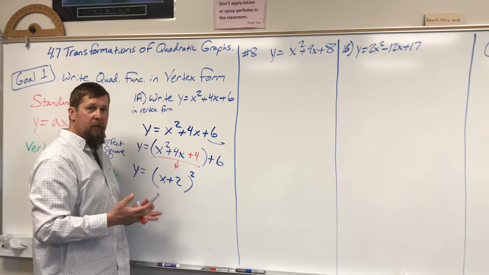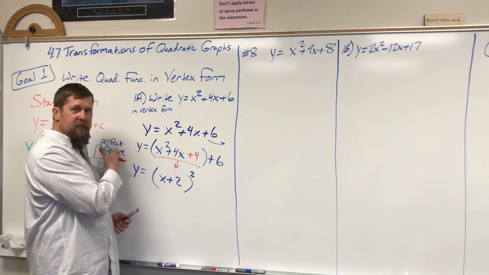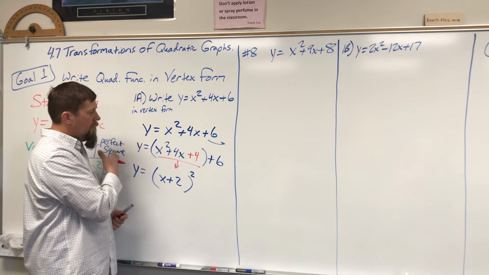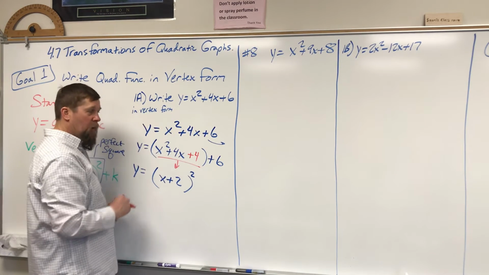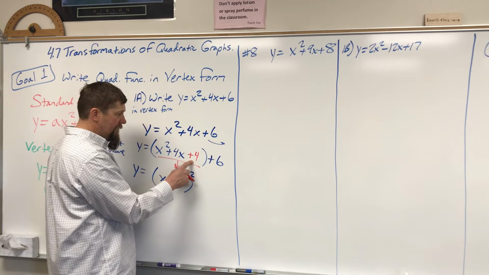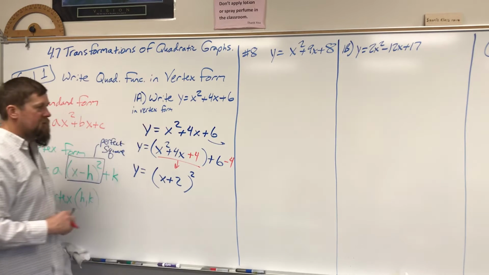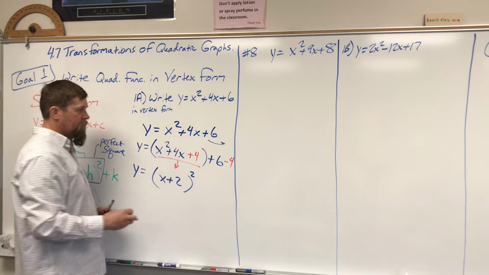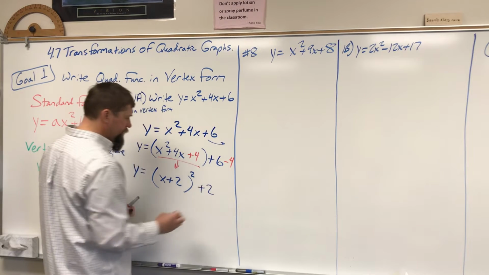What we did when we completed the square was add 4 to the other side to make up for it. In this case, we're not going to add 4 to the other side. To make up for the plus 4 that we just added here, we are going to subtract 4 on the same side, which gives me a plus 2 here.